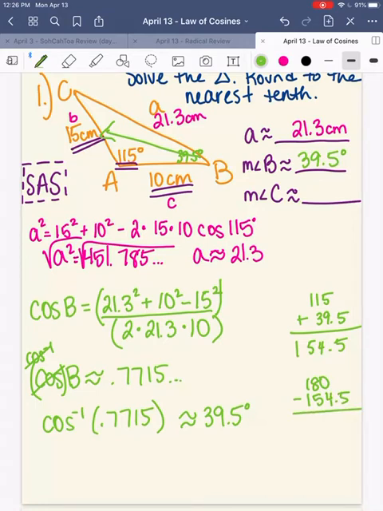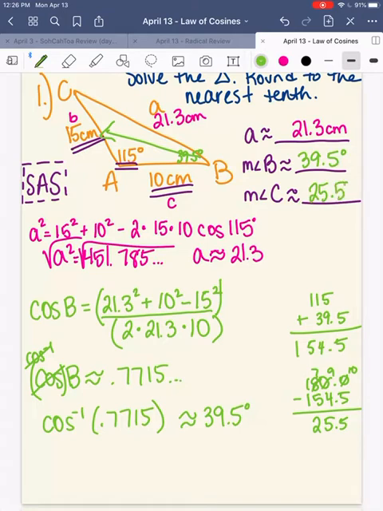That's because if we know two angles, we can find the third one very easily. So that's, oops, not 26, because we got to borrow. All right, so then we should have 25.5, and that's your angle C.